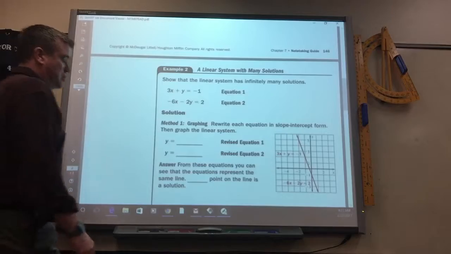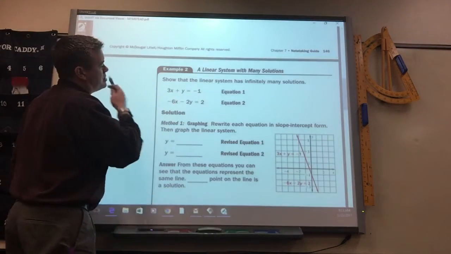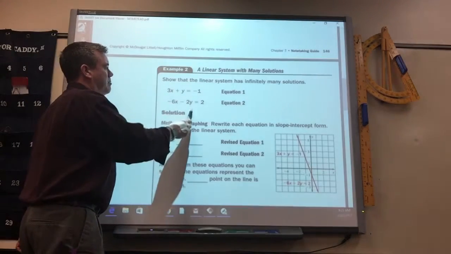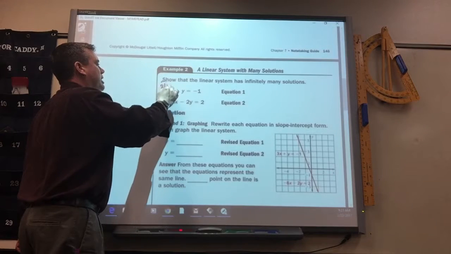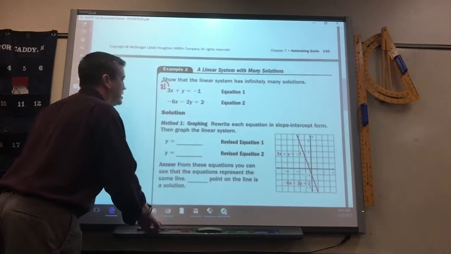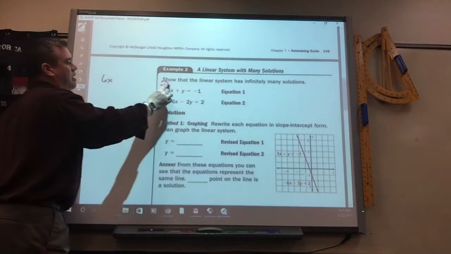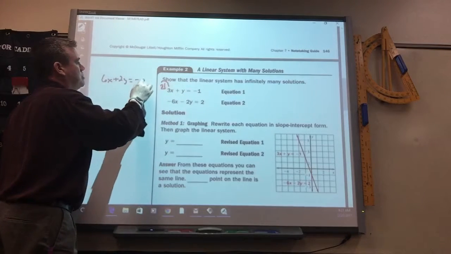Now the many solutions, if we solve this by elimination, nothing matches up. So I would take this top times 2, and that would make that 6. So remember, you got to take everything. You'd get 6x plus 2y equals negative 2.